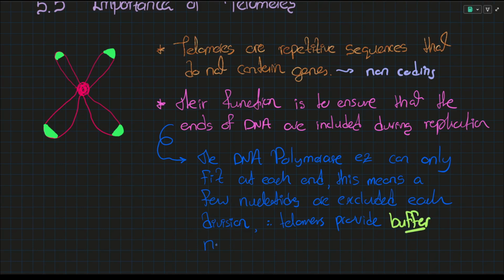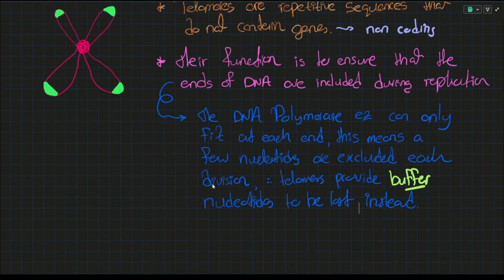They provide buffer nucleotides. That's why they are repeats. If these buffer nucleotides, these repeated nucleotides, are lost, that's not a problem. We have enough of them.